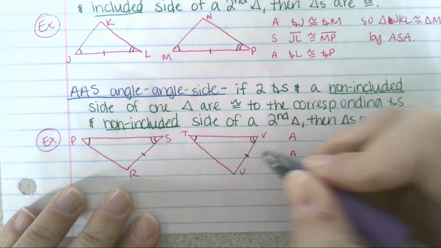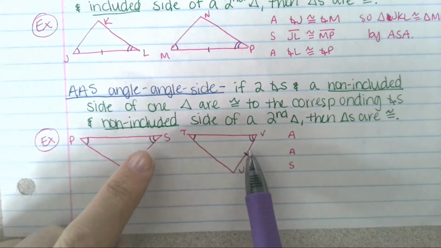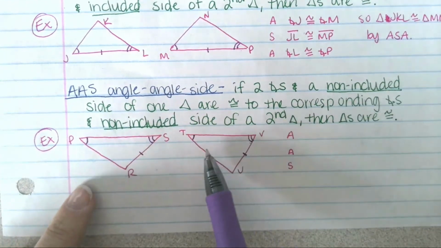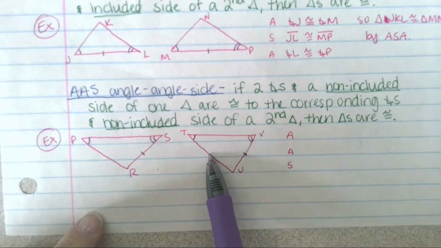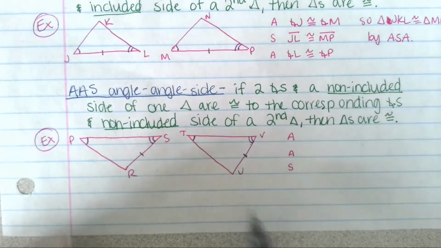Now it's important that you notice that the side has to touch the same matching angle. So in one of these diagrams, if I had labeled the side that only touches the single marked angle, then that wouldn't work because they wouldn't be set up in the same order.